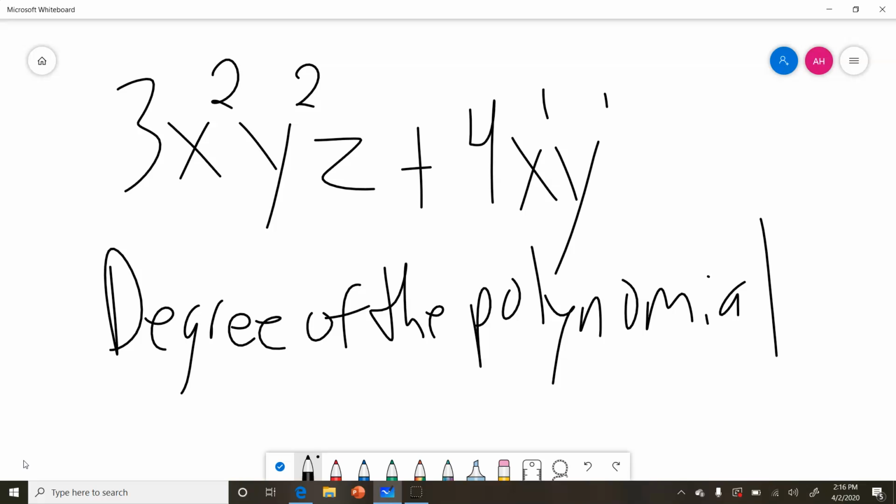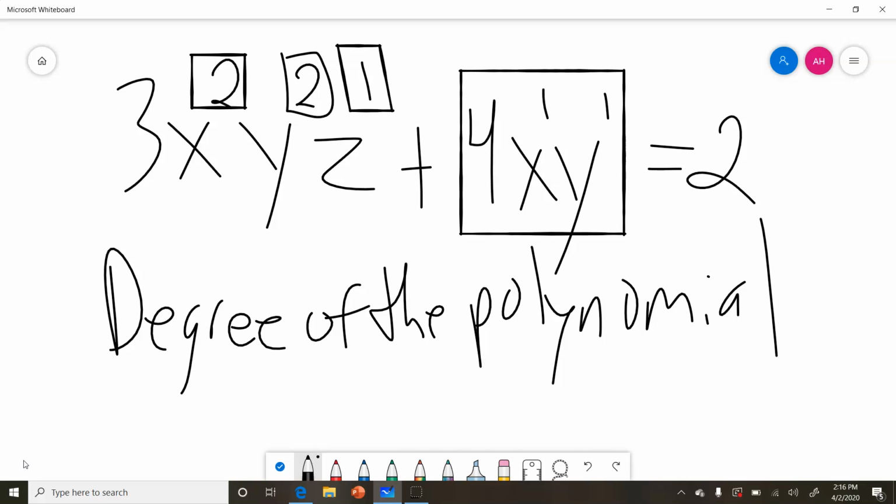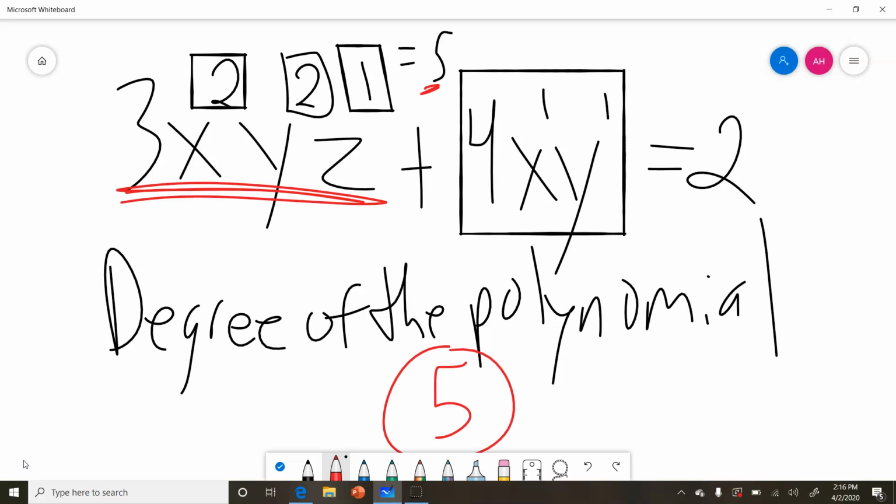There's a 1 here and a 1 here, so this term has a degree of 2. Now this one has a degree of 2 plus 2 plus 1, so its degree is 5. That means the overall degree of the polynomial is the highest term, which in this case is 5. So the degree of that polynomial is 5.